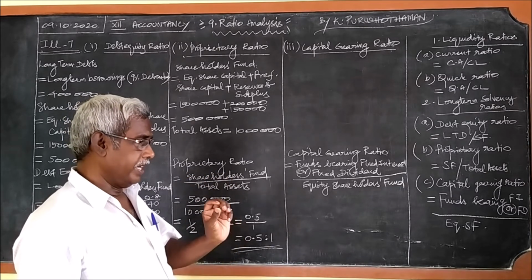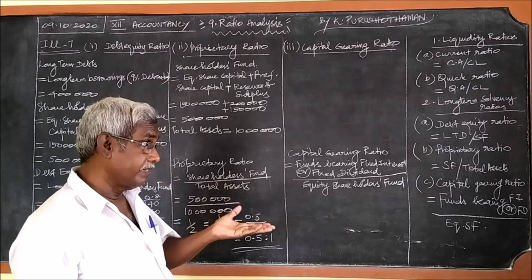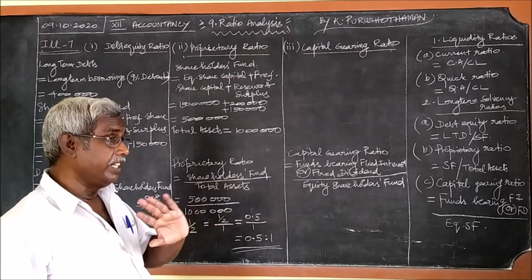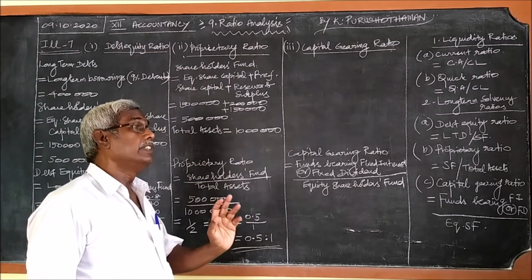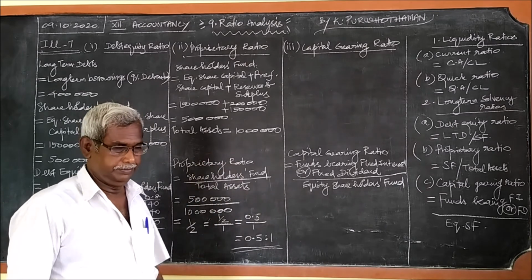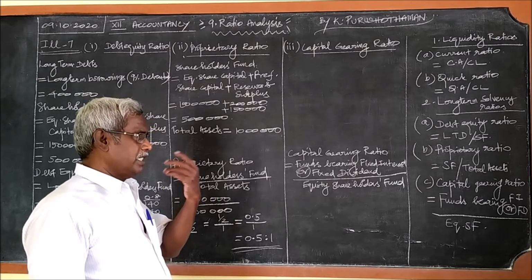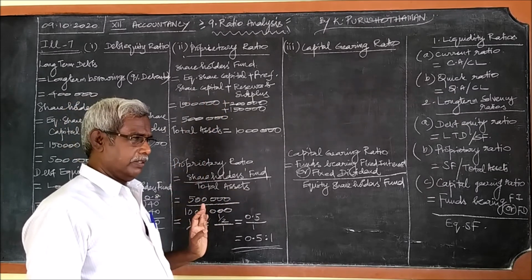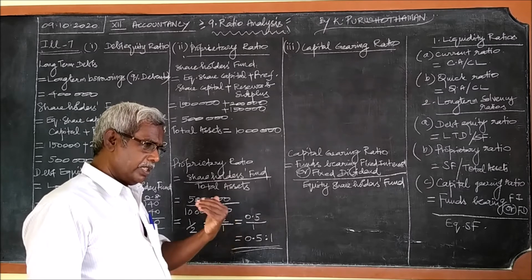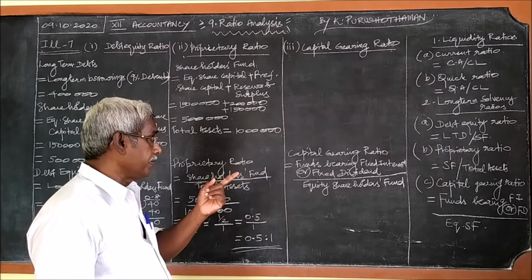Whereas the equity shareholders will get a varying dividend, because it depends upon the profit earned by the company. If the company earns more profit, equity shareholders get more dividend; if it earns less, they get less. That is why the formula itself is very specific.